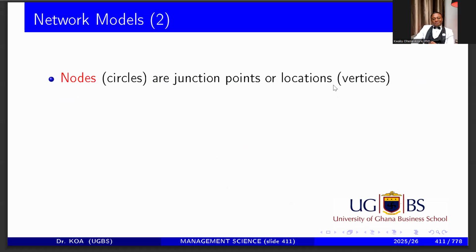Nodes are like junctions. Suppose you are going to Accra from Medina. Who can tell me some of the nodes along the way from Medina to Accra? What are some of the nodes? Raise your hand, please, and tell me some of the nodes. Deborah. 37. 37.